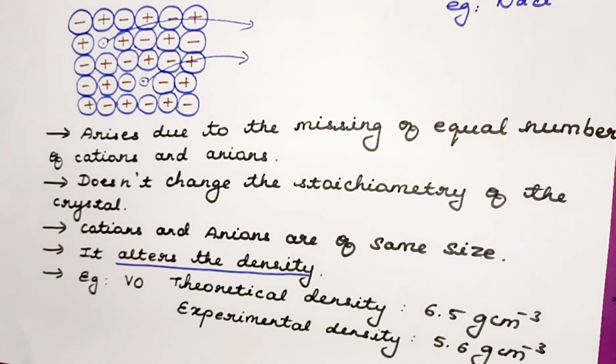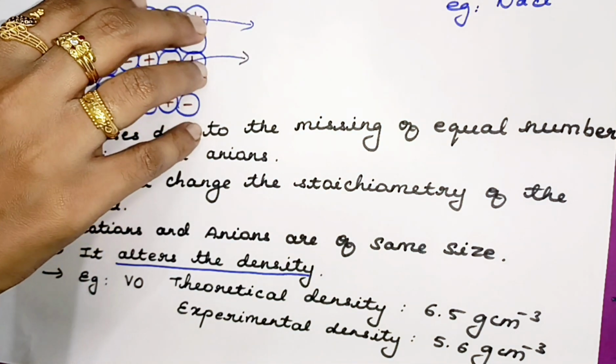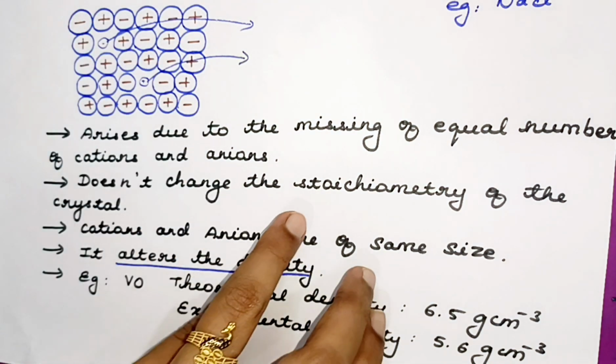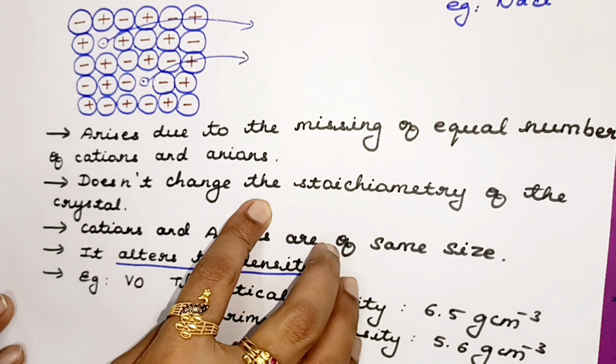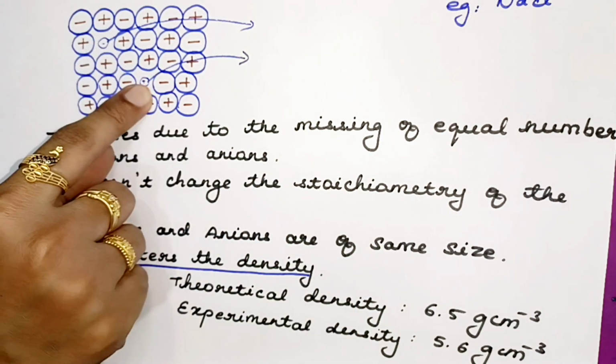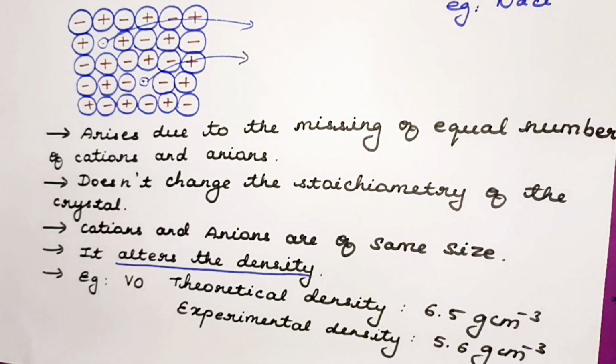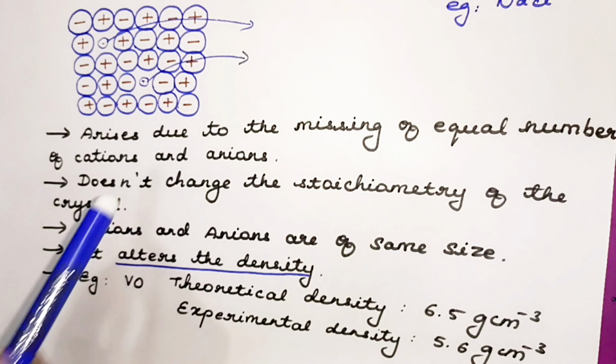That means the crystal's properties, the crystal's nature, doesn't change due to the missing of a few cations and anions. Likewise, if we are having any type of defects, our behaviors and characters don't change. In the same way, the crystals also behave the same way. That is, it doesn't change the stoichiometry of the crystal.